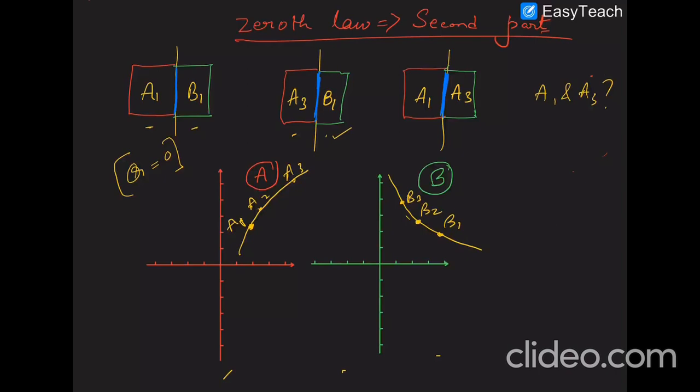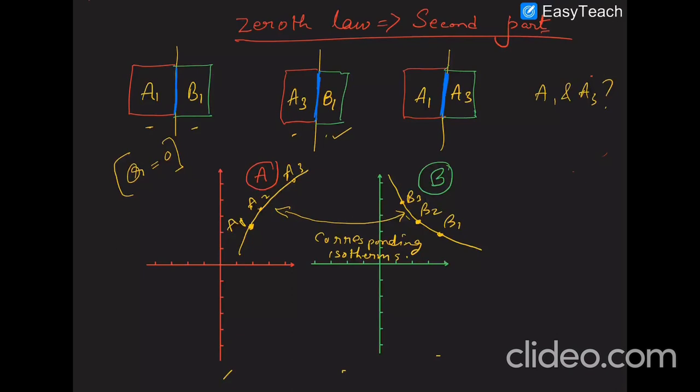Now these two loci: whatever points are in this locus will also be in thermal equilibrium with all the points in this locus. So this is what we call corresponding isotherms.